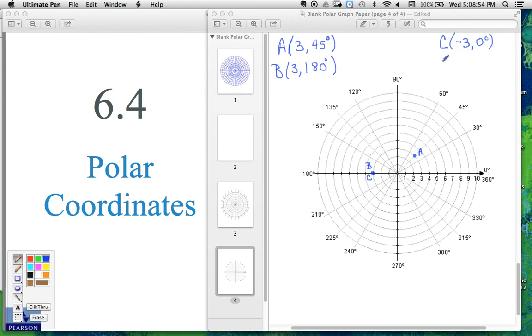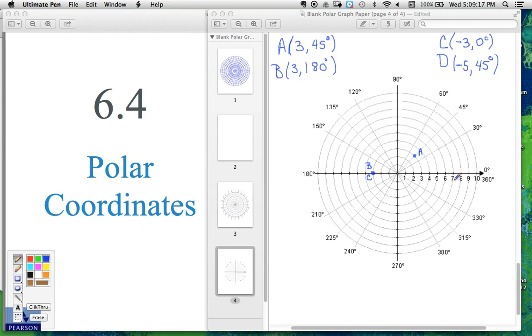So let's do another point here. I've done a lot of 3 radiuses. Let's go negative 5, 45. What would that look like? Pause the video for a second if you like, and see if you can locate negative 5, 45. All right, let's see where point D would lie.